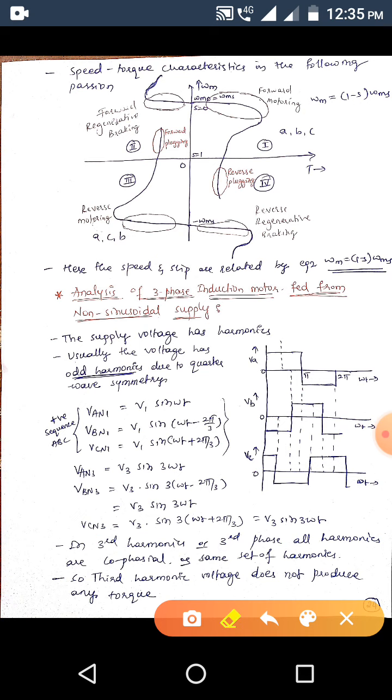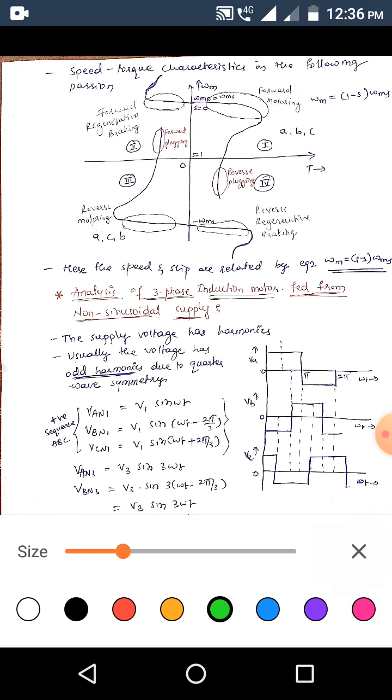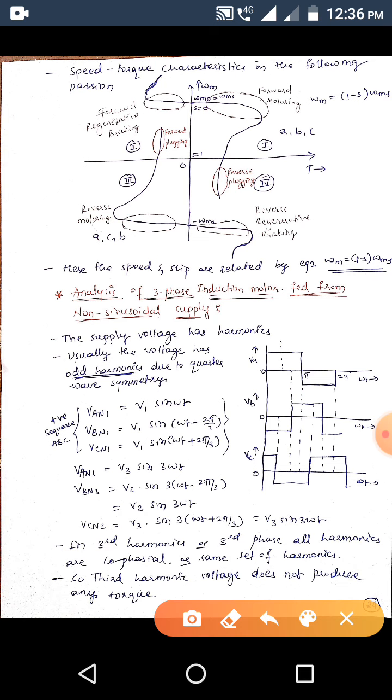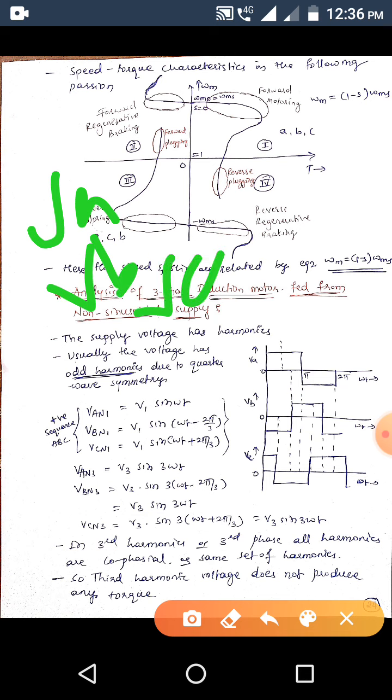In a three-phase induction motor we have supply voltages in all three phases. If you consider the three-phase power supply, all the phases VA, VB, VC, all three supply voltages have some harmonics here.